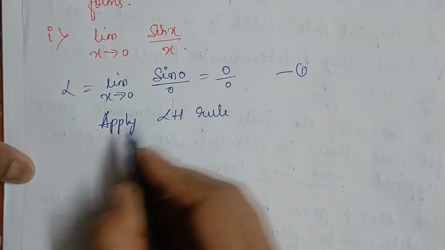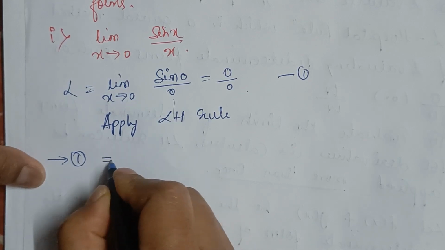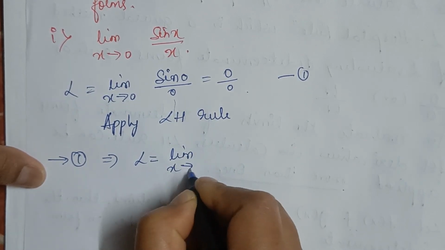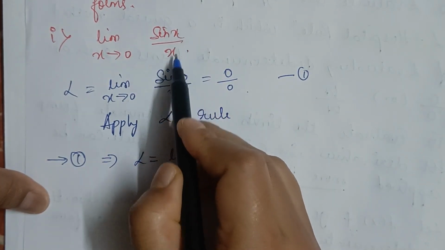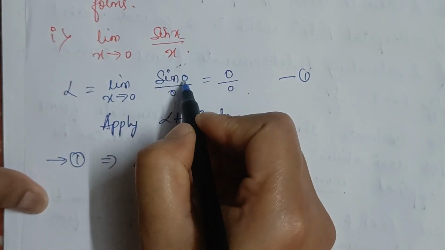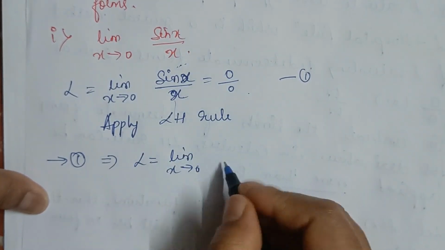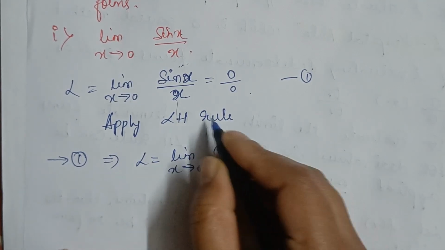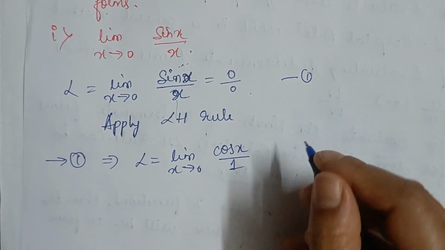So my equation 1 will be L equals limit x tends to 0. This is one function, this is one function, correct? I applied the limits here directly. If I differentiate sin x, I will get cos x. Differentiate x, I'll get 1, correct?